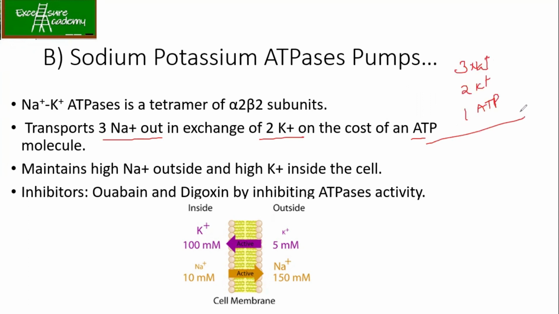ठीक है? I'll give you here itself what was the question. I think once or twice only they have asked. So the question was, if 150 ATP was used, okay, how many Na plus and K plus were transported?